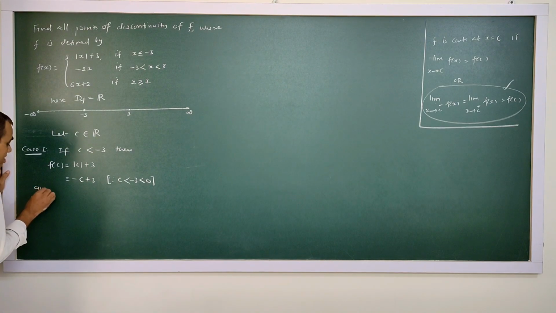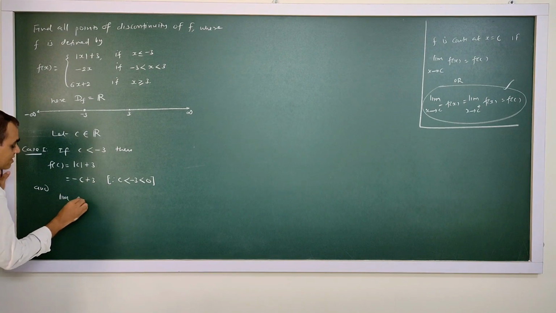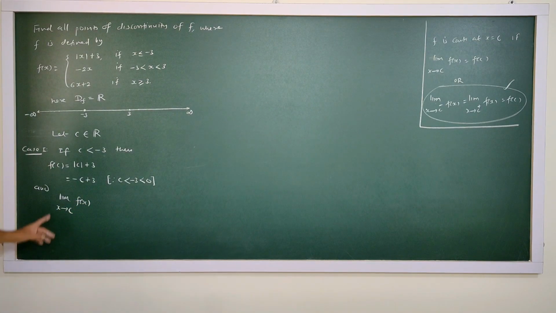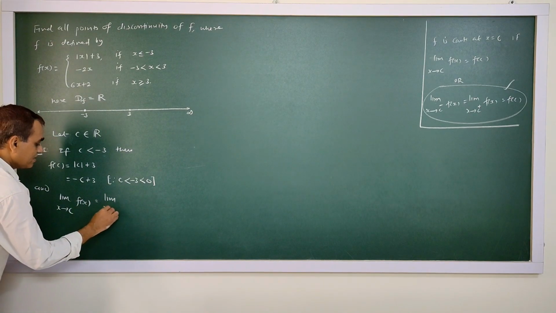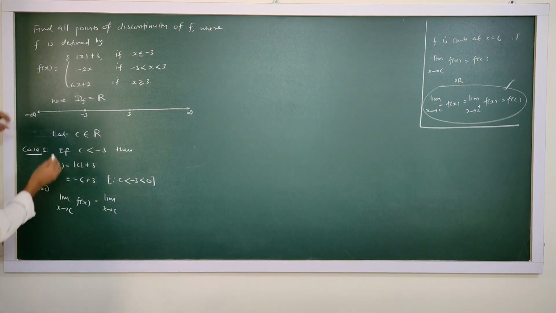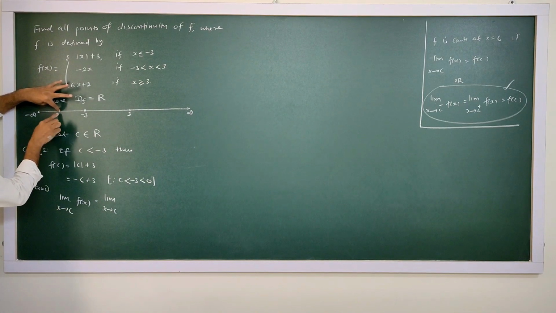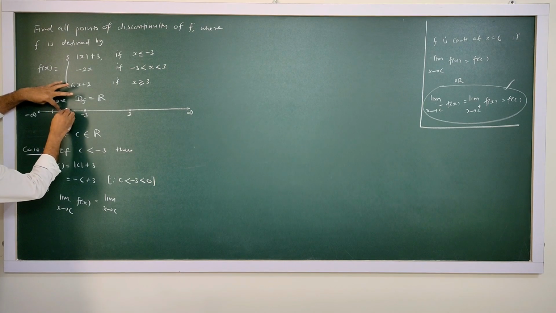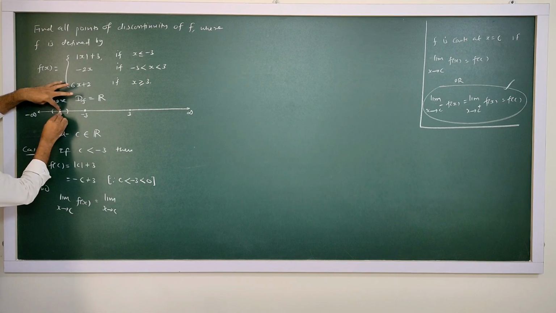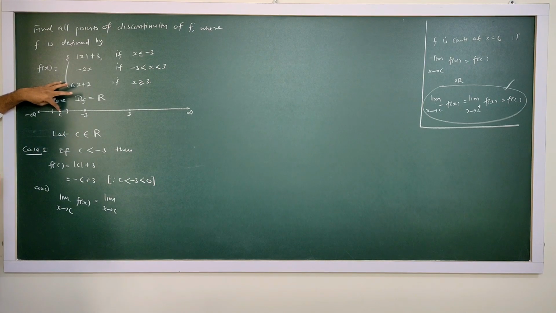Now we find the limit of f(x) as x tends to c. C is here. So x tends to c. That means x changes its value in this open interval containing this c. Consider the smallest interval containing c.